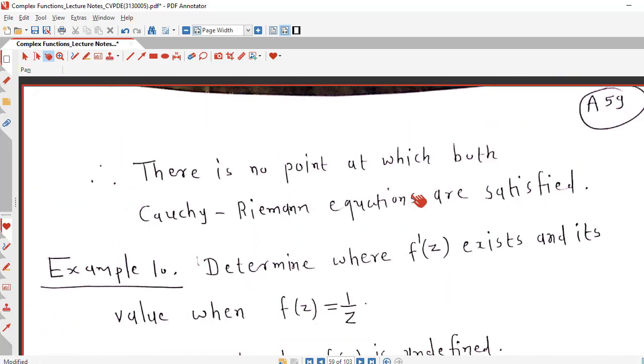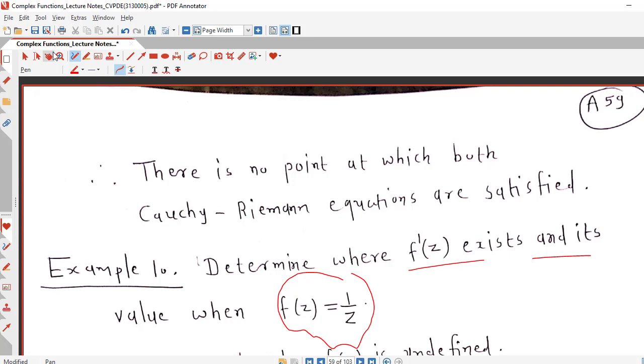Now we consider another example. f(z) equal to 1/z, and we have to decide whether f′(z) exists or not. If f′(z) exists, then we have to determine the value of the derivative also.